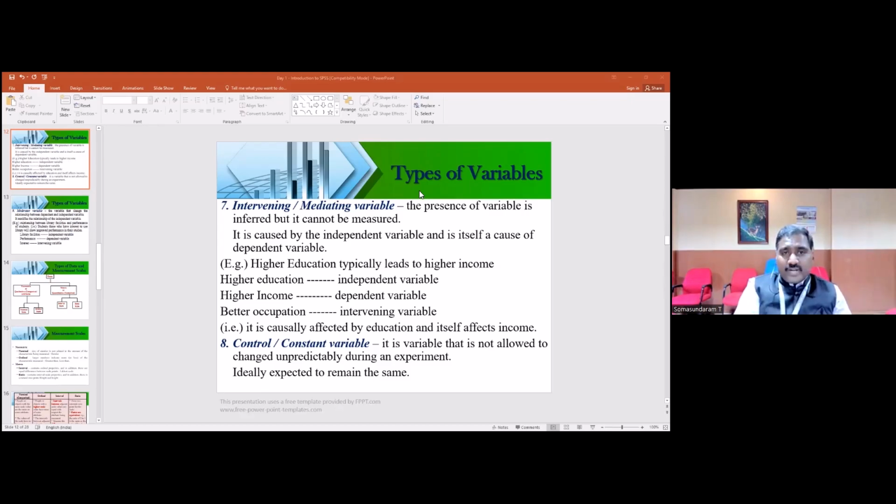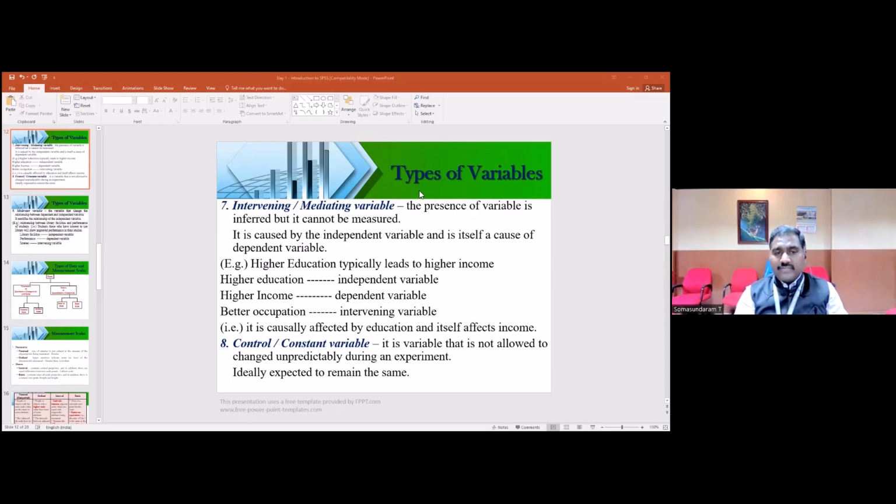If you study well, you will be in a good position, and if it is a good position, definitely you will get a good income, right? That comes the mediating way. That means acting as a mediator. It is influencing both the variables directly. If I studied well, definitely my occupation is good, and if my occupation is good, definitely I'll get a good income.